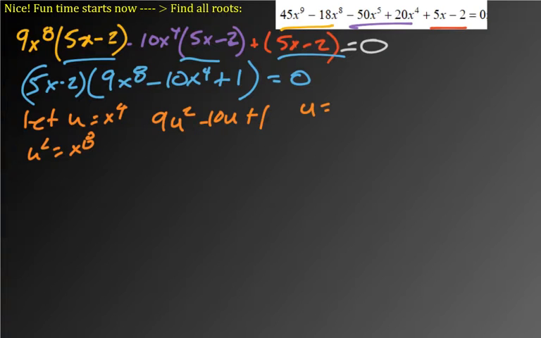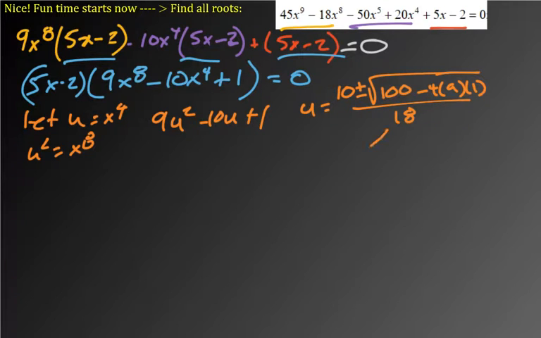So I'm just going to do quadratic formula, but you can absolutely factor it too. You'll have 10 plus or minus the square root of 100 minus 4ac, all over 2a, which is 18. And I'm just going to do this out on a calculator, and I get 1 and 1/9, okay?